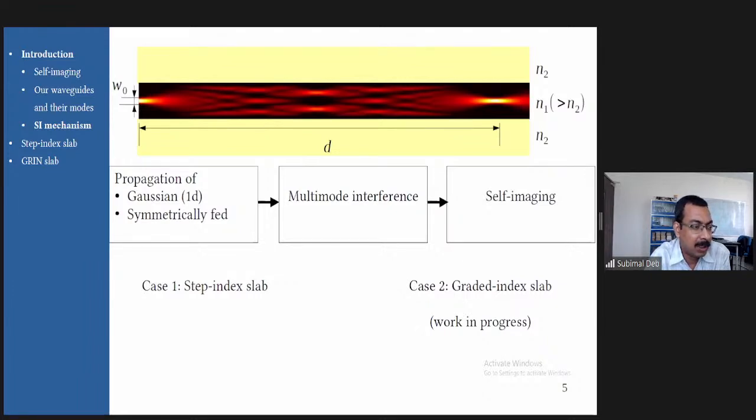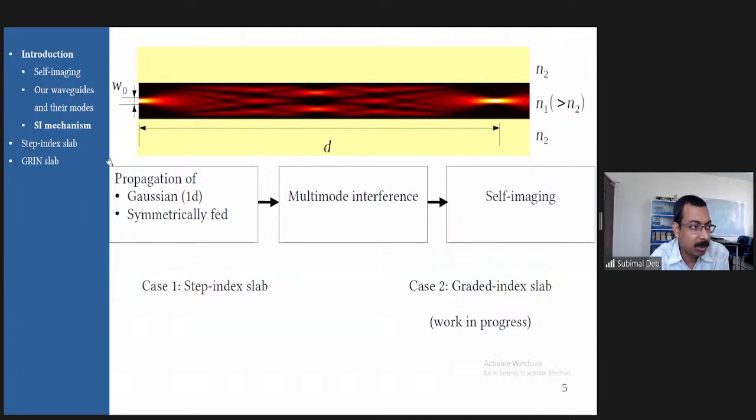So I believe it's a reasonable assumption. So the symmetrically fed input produces multimode interference, and we get self-imaging, which would be a nice point to truncate the waveguide to connect the next optical element.